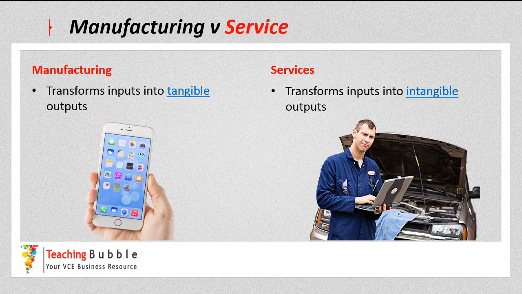Think about an airline. If you are traveling from Melbourne to Sydney, then that's an intangible service, something you can't touch. Them getting you from Melbourne to Sydney, that's the service that they are providing. So it's an intangible good, something you can't touch, and that's one of the key differences between manufacturing and service.